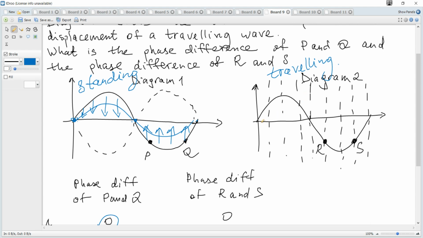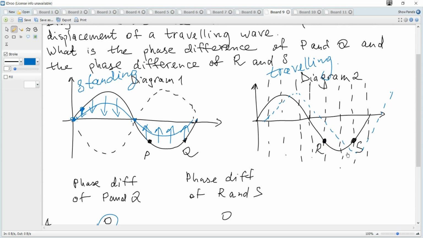But for traveling, a bit later, this wave will be like this, and you can see that R is moving up, S is moving down. But how to find the phase difference? If we compare standing and traveling, for standing, particles have different amplitudes, but for traveling, all particles have the same amplitude.